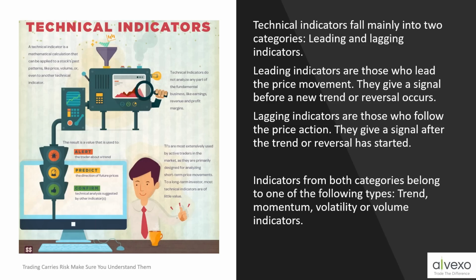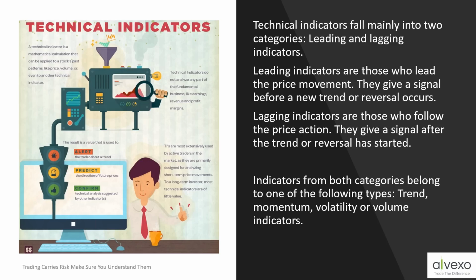Okay, where lagging indicators are those who follow price action. They give us a signal after the trend or the reversal happens. So a lagging indicator confirms that we've now moved to a downtrend. A leading indicator tells us we might be moving to a downtrend, or the uptrend is losing its momentum and most likely turn to a downtrend.